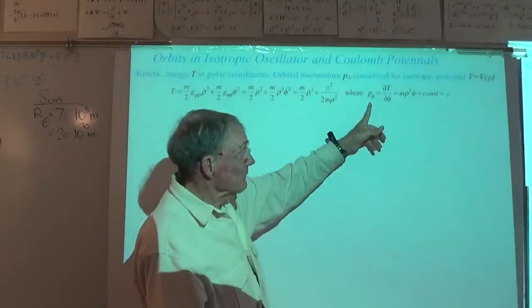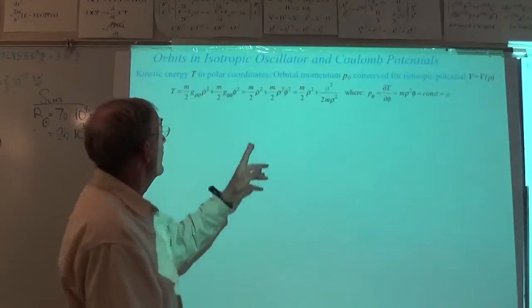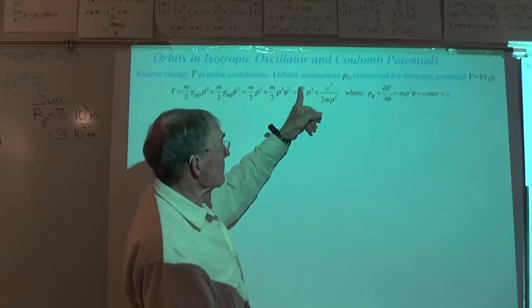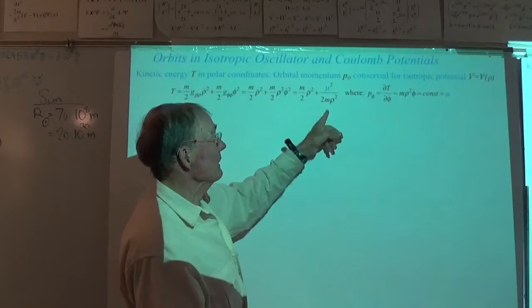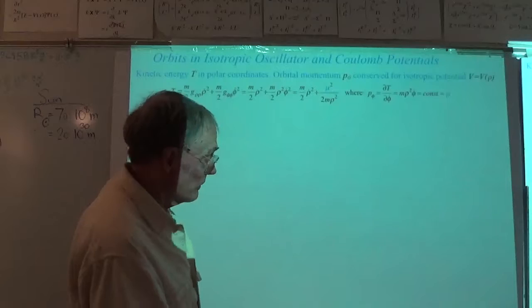That's the angular momentum. And so using that as a constant reduces the kinetic energy to this much to be added. This is the barrier, centrifugal barrier, to be added to whatever potential you're going to put on this thing.